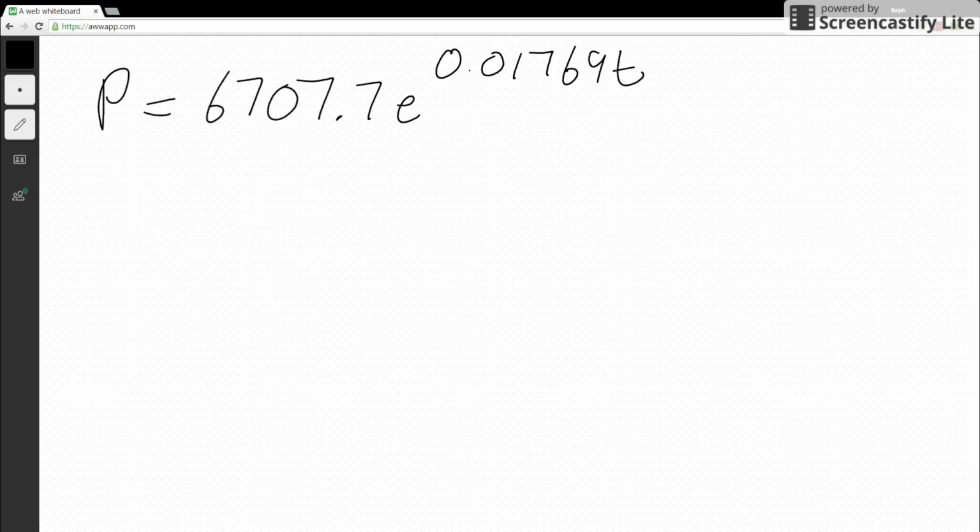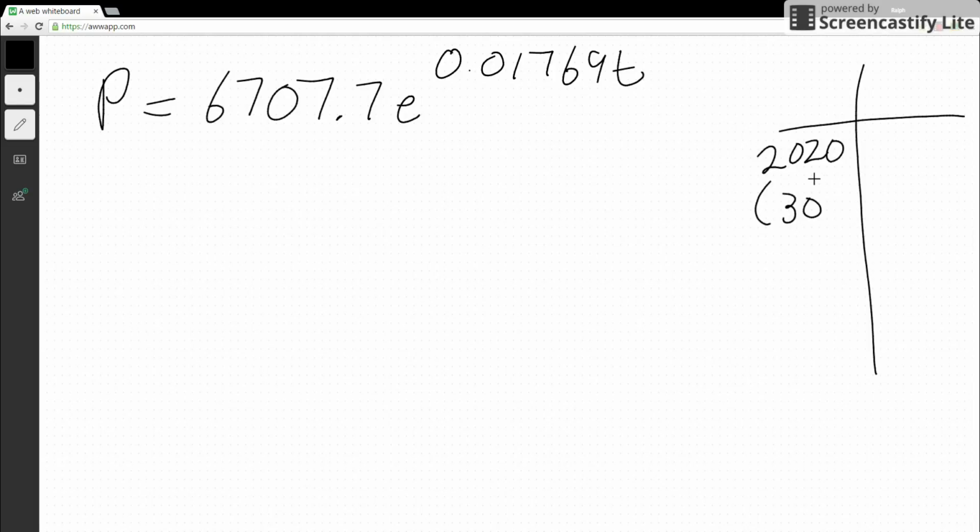So that's my usable function. Now I want to find 2020. I want to plug in the year 2020. Remember, 0 is actually 1990. So I'm going to enter a 30, because I have to start from 1990, not 2000. So I'm going to plug in that.